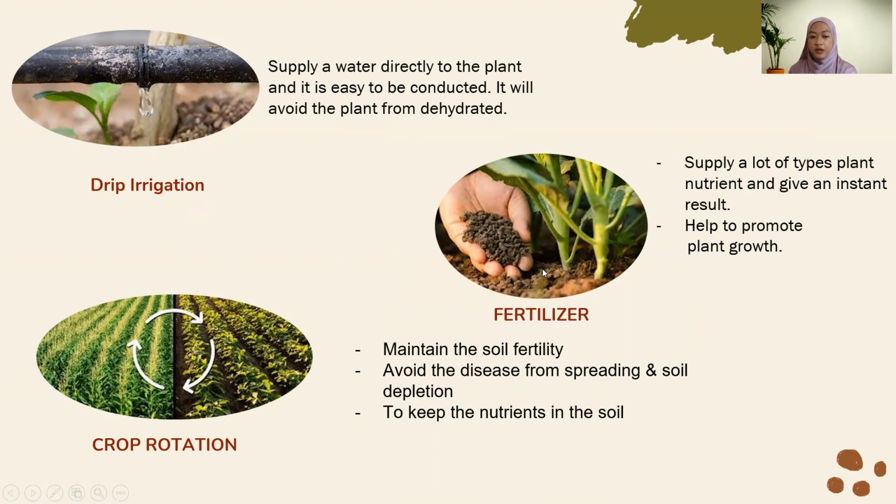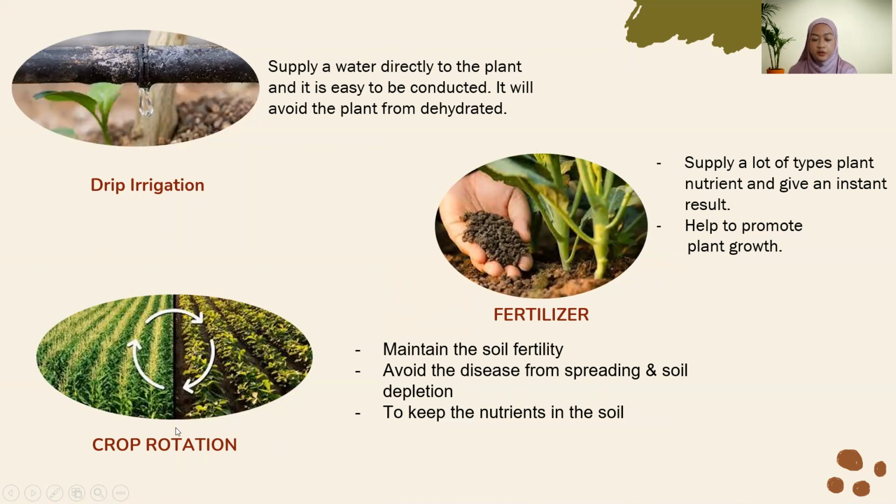Even though we have been using the organic method, fertilizer can still be added into the soil because compared with organic matter, fertilizer can give more plant nutrients to the plant. Fertilizer also could improve plant growth.